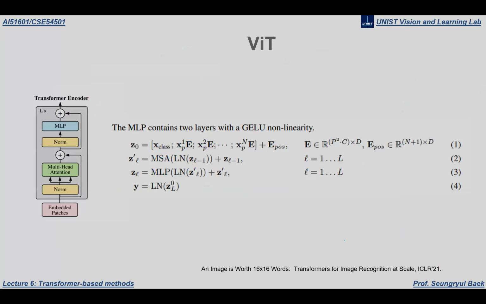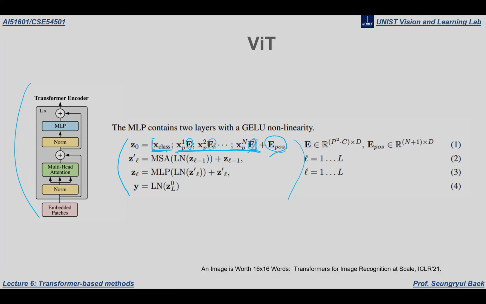Okay, and this is the formula for this encoder architecture. As we see, this is the classification token, and these are the flattened input patches, and a transformation matrix could be applied.